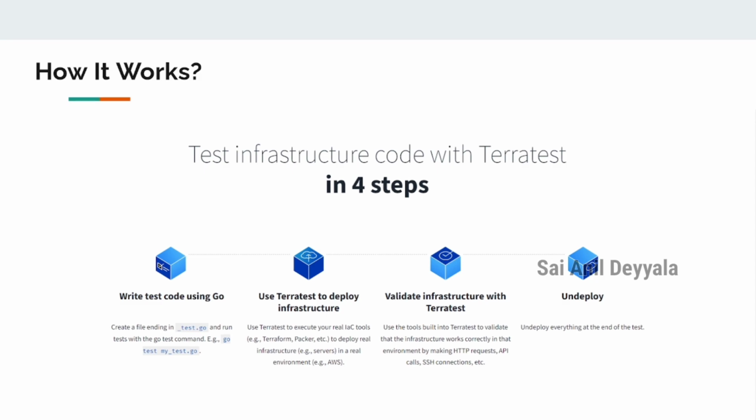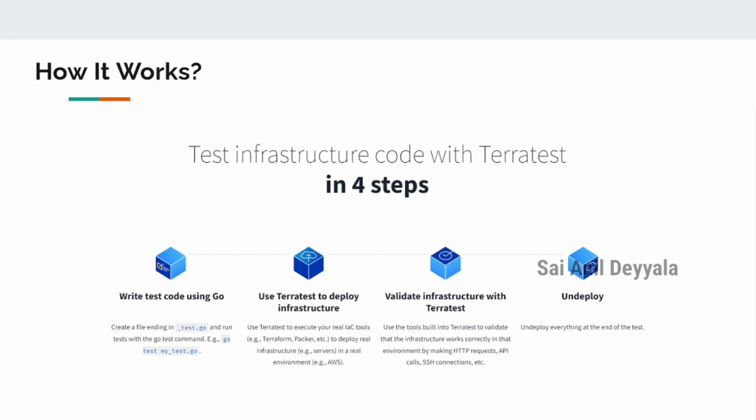I mean, it will validate whether the expected value equals the actual value or not. So it will validate against the real infrastructure after deploying, and then it will undeploy. It will destroy the infrastructure once it completes validating. So that's how it works in these 4 steps.